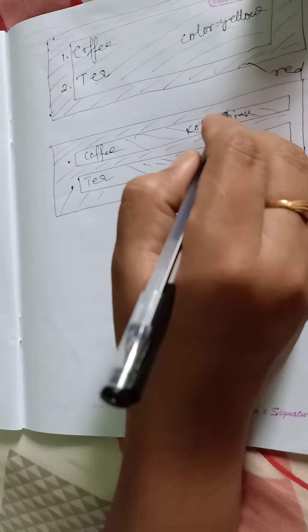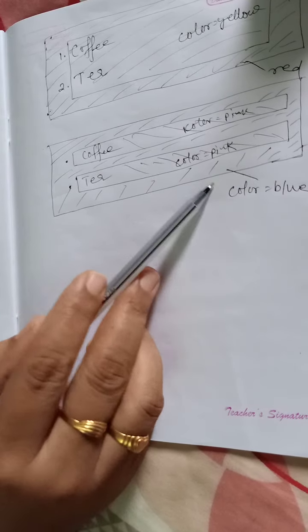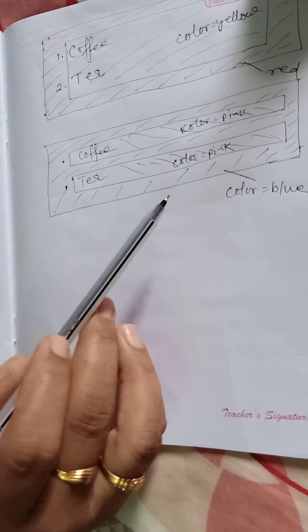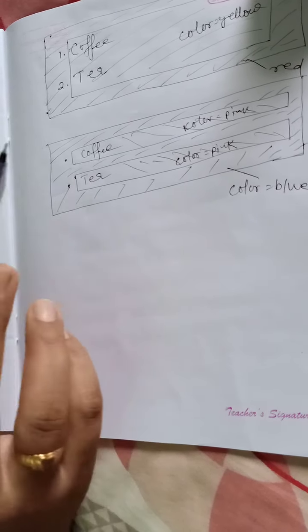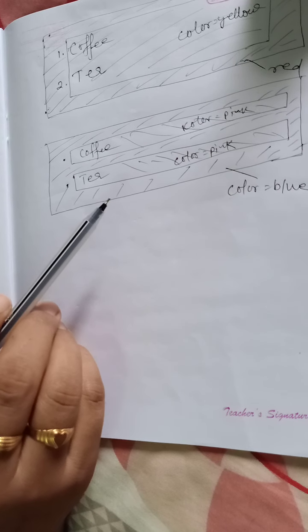This is how my output will look like. We'll be having a combination of two different colors, but this total is one list item only.